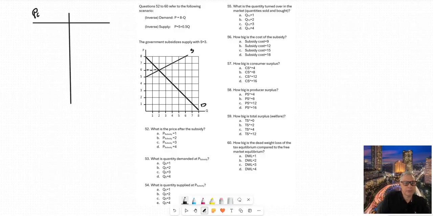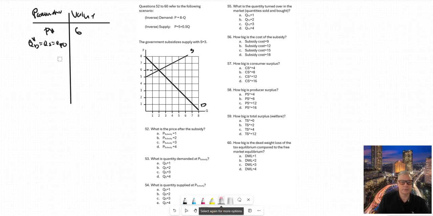So the equilibrium price, that's obviously 6, and the equilibrium quantity, which is quantity demanded equals quantity supplied equals quantity turned over, that is all 2.